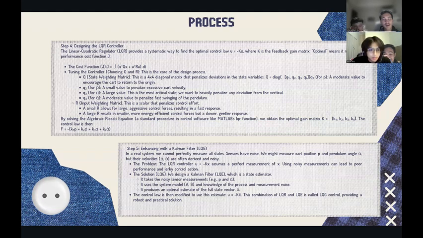By solving the algebraic Riccati equation, we obtain the optimal gain matrix K, or K1, K2, K3, K4, and the control law is then F equals negative K1 p plus K2 p-dot plus K3 a plus K4 a-dot.